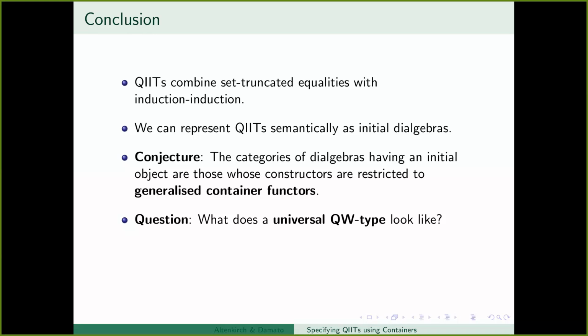And then we're still trying to answer this question of what does a universal QW type look like? And we want a very succinct, or at least as succinct as possible, such type. And so yeah, that's it from me. Thank you very much for listening.